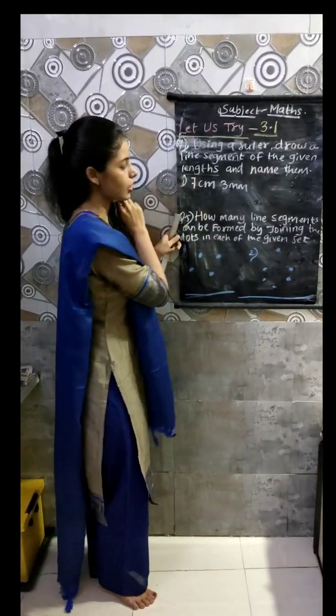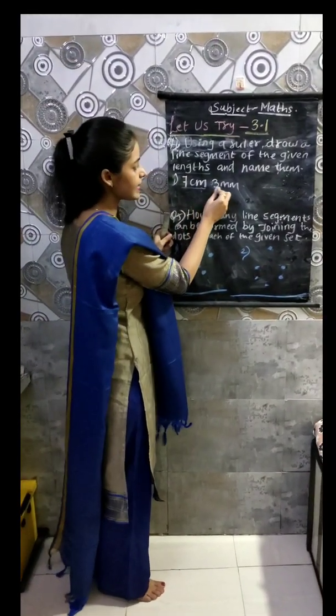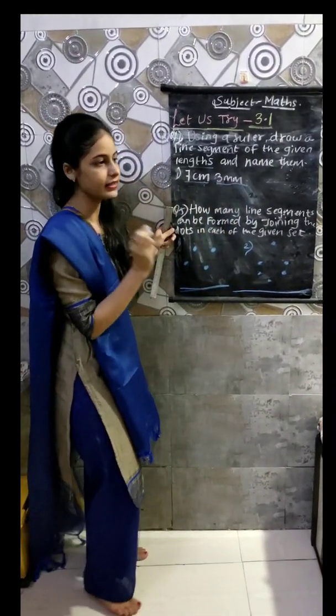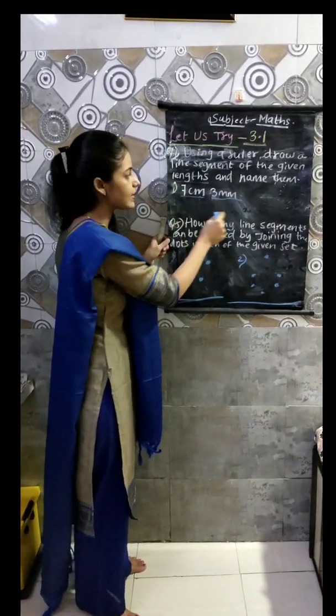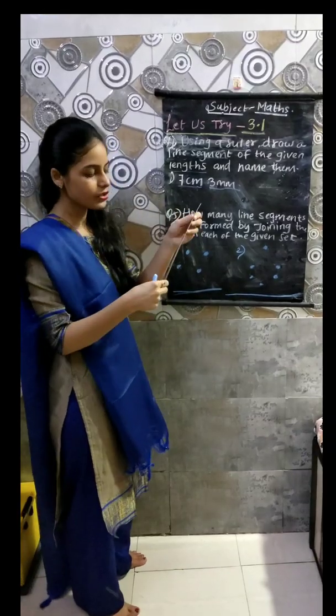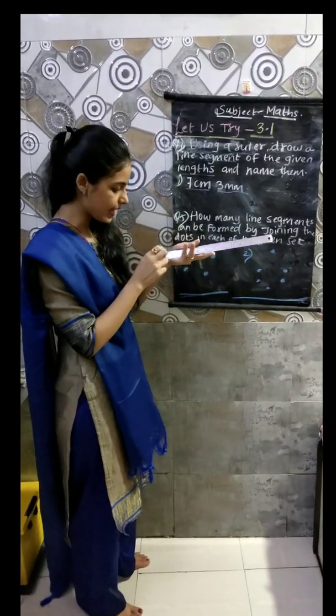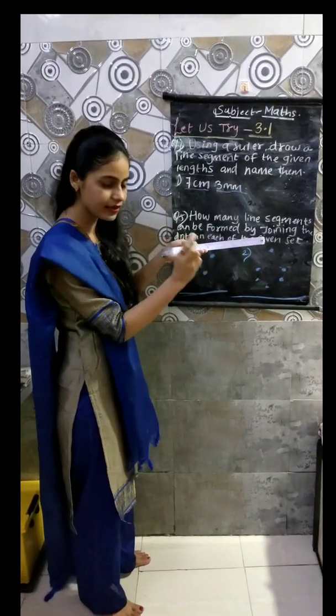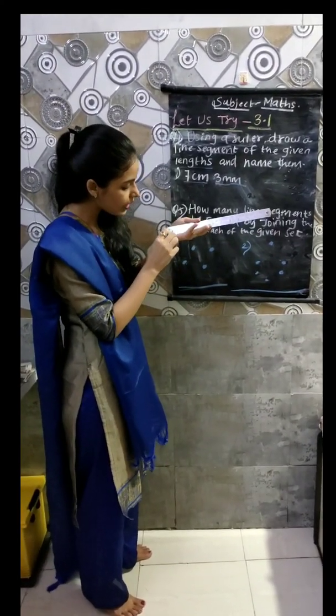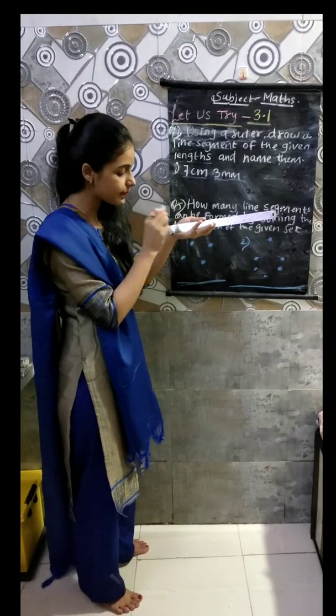So here the first question is given: 7 centimeter 3 millimeter. Here we have to draw a line of 7 centimeter 3 millimeter. If you observe the scale, 1, 2, 3, 4 centimeters are given. In that the small lines are considered millimeters.